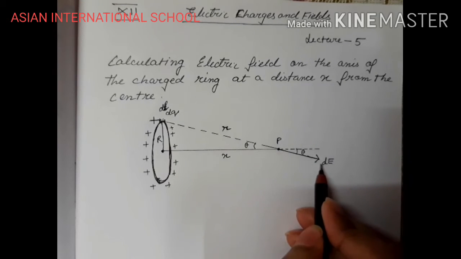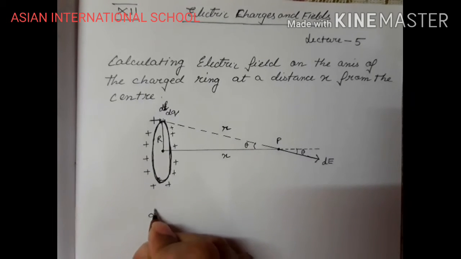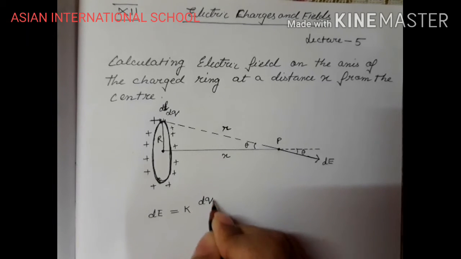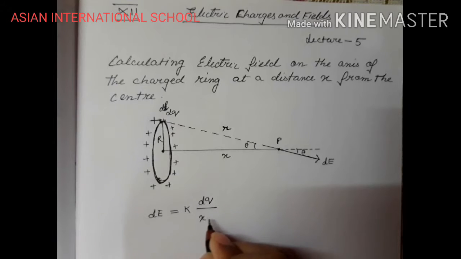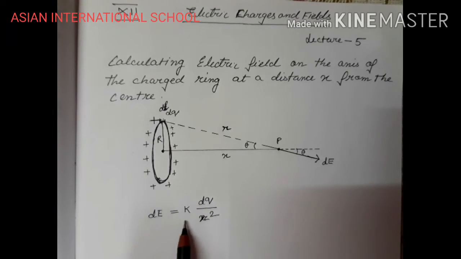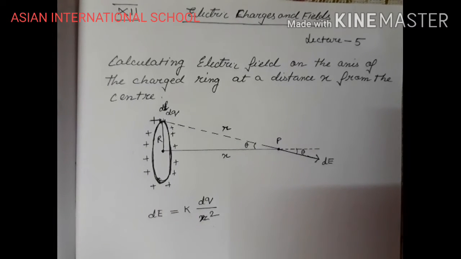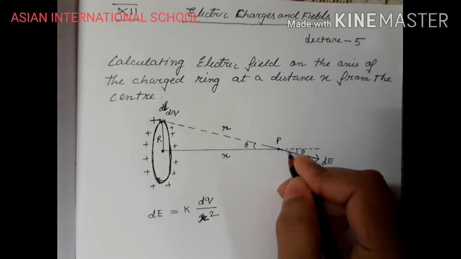Now dE can be written as dE equals k dq by r square, where r is the separation. Clear? Now this dE can be resolved into two components.